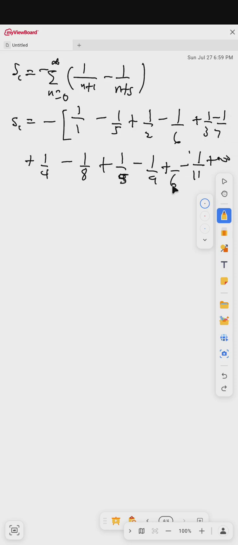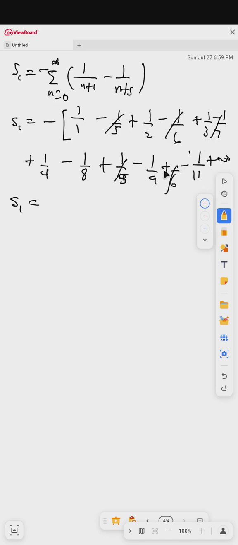Now you have to check here, so you have to be very careful. You can see that minus 1 over 5 cancels out 1 over 5 later on, minus 1 over 6 cancels out 1 over 6, and 1 over 7 we also cancel out later on.